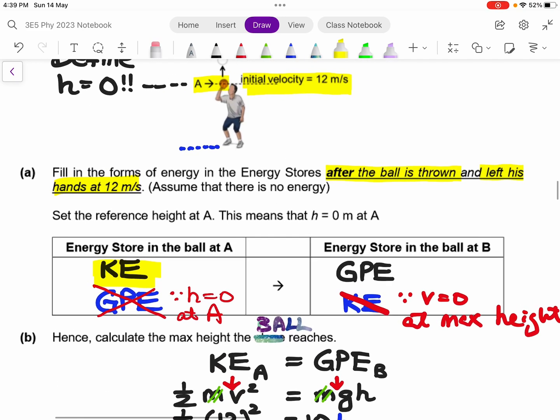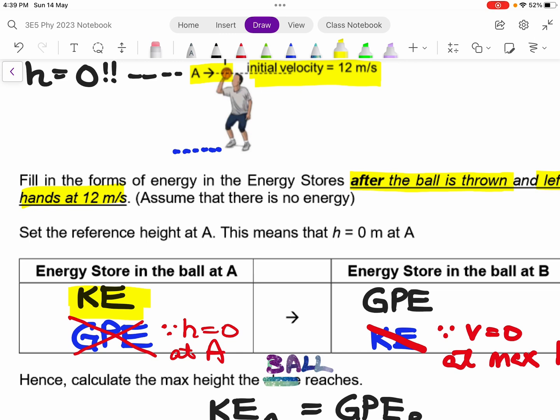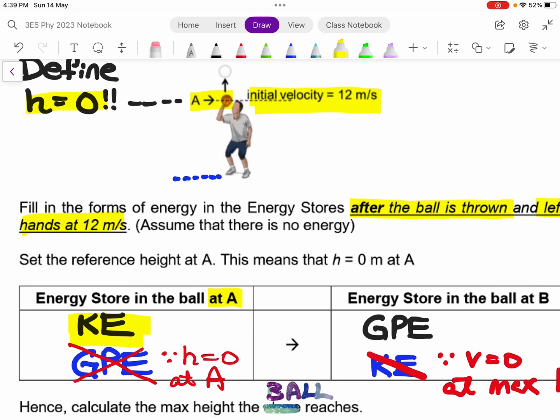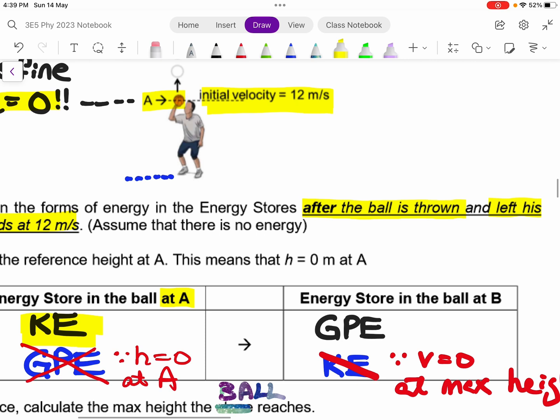So then we move on and we say that, okay, at the initial state, which is the ball at A, it only possesses kinetic energy in its energy store, right? Because we have defined h equals to 0 at A. So because of that, there's only kinetic energy in the energy store at A. And then when we look at the final state at B, we will be able to see that the only form of energy in its energy store would be GPE, right?